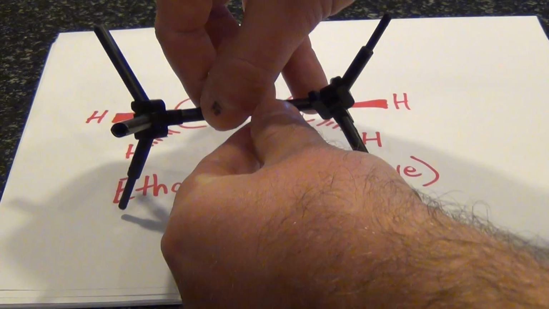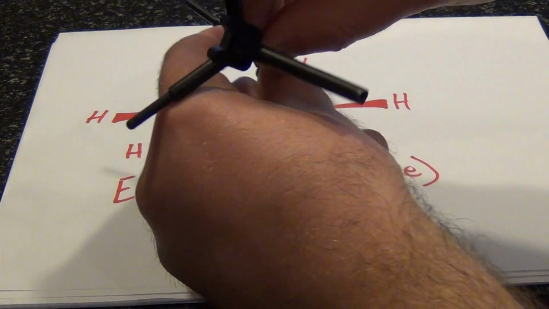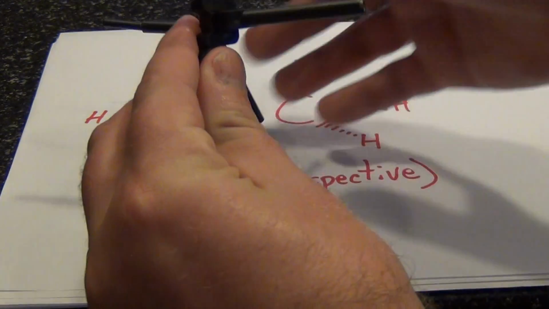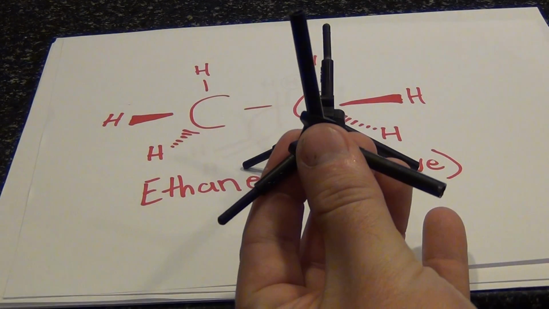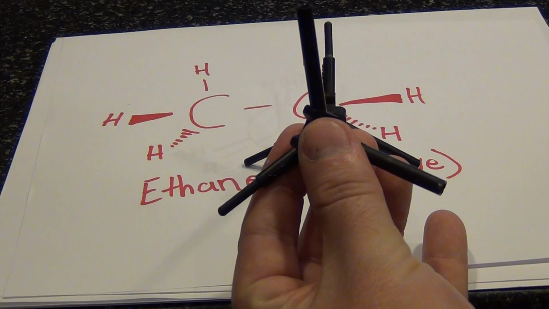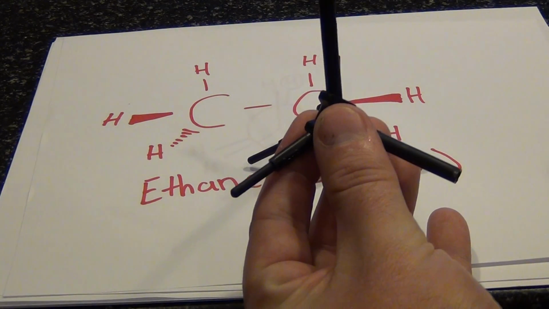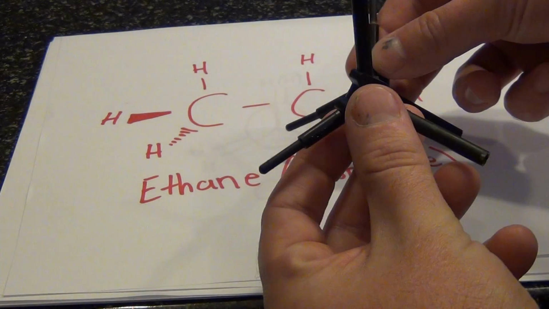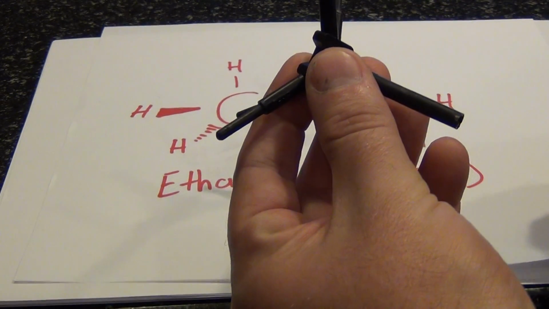If the model is rotated, we can look down the carbon-carbon bond, which looks like this. We'll be using this view for the rest of the demonstration. So by looking at this view of our molecule, we can draw a Newman projection, which should look like this.